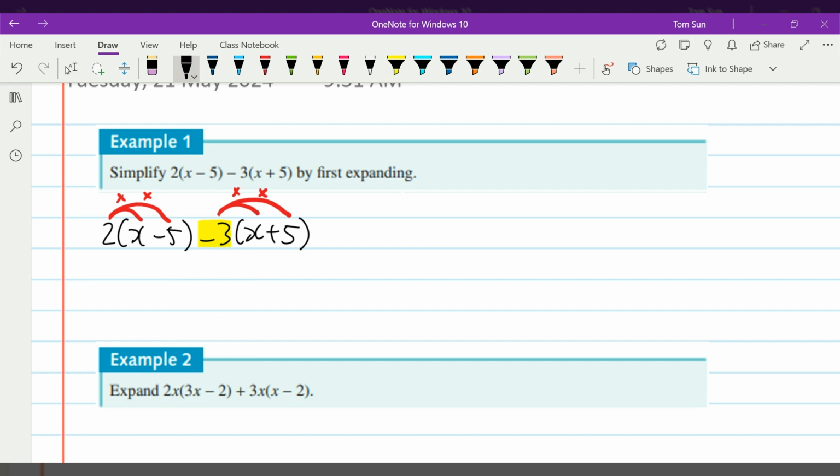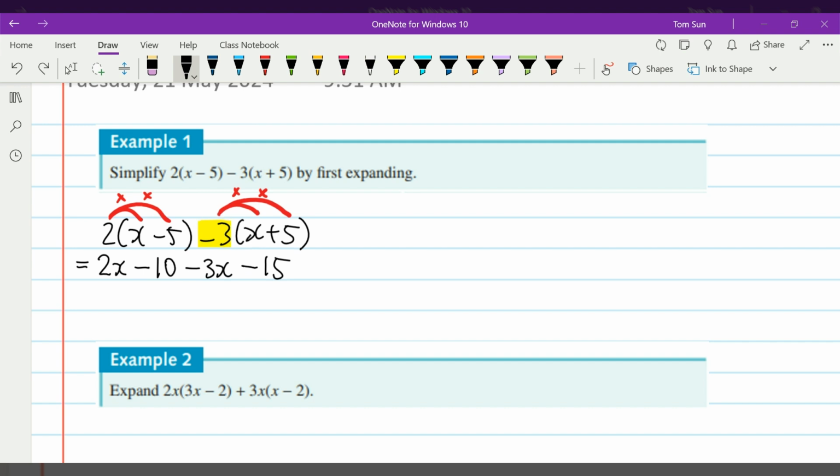So when we do the next step, it's 2x minus 10, because it's 2 times negative 5, minus 3 times x, which is 3x, minus, and remember this is negative 3 times 5, which is negative 15. We've got to make sure that we understand that this is negative.